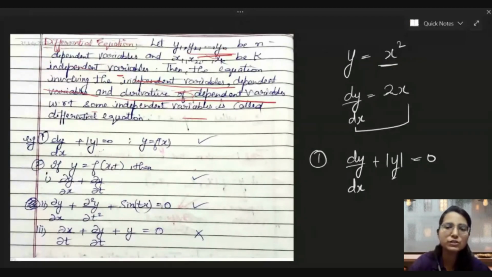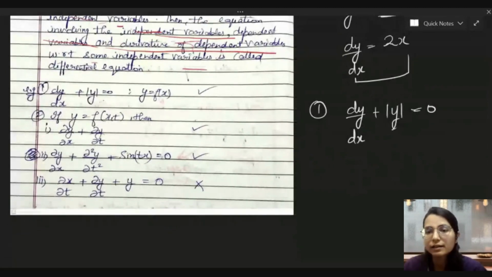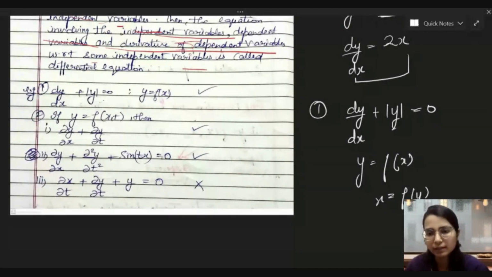Now this is a differential equation. Why is this a differential equation? Because we know y is a function f of x, or in this case, it could be x is a function f of y. That's completely okay. You could write dy by dx or dx by dy.